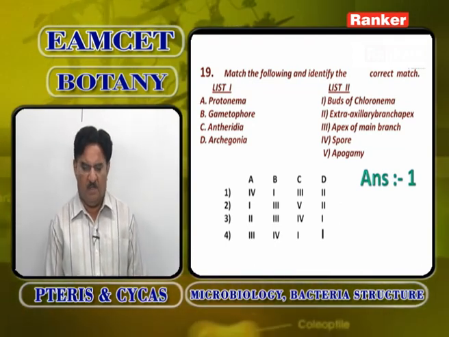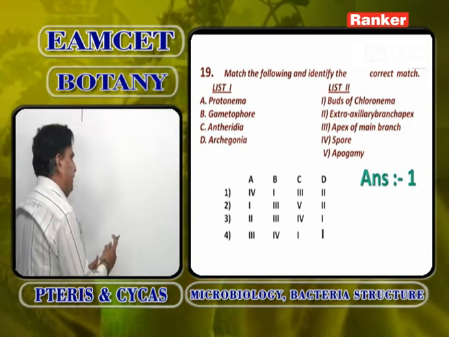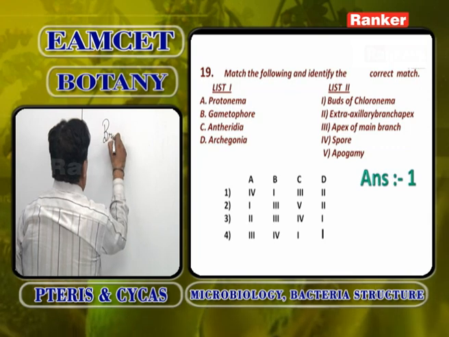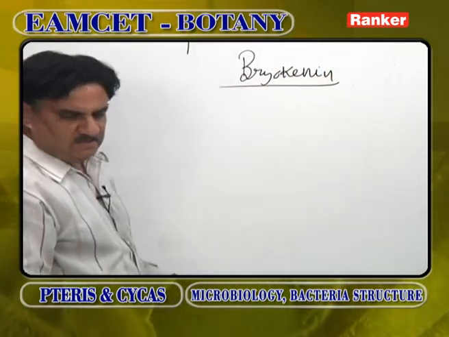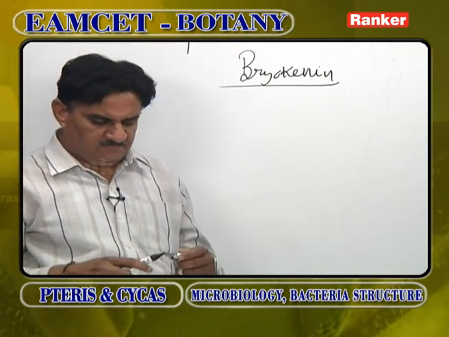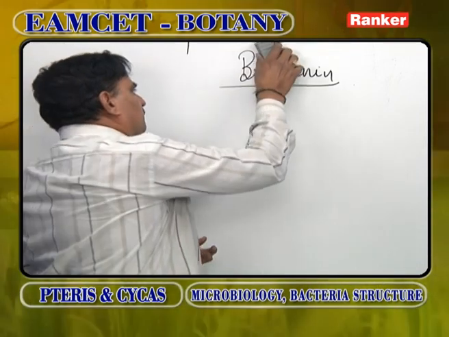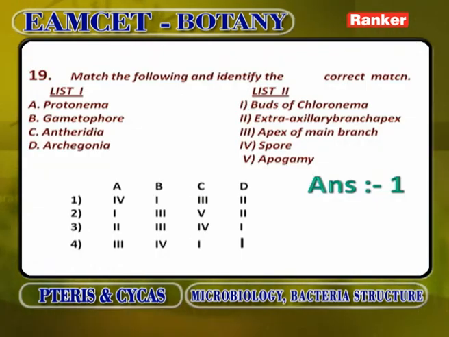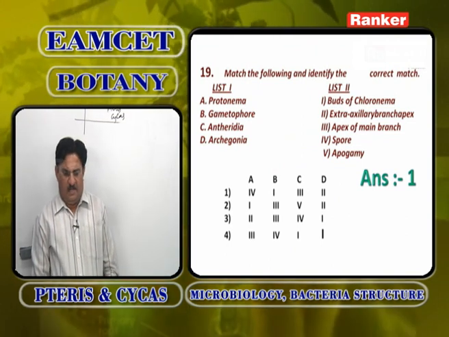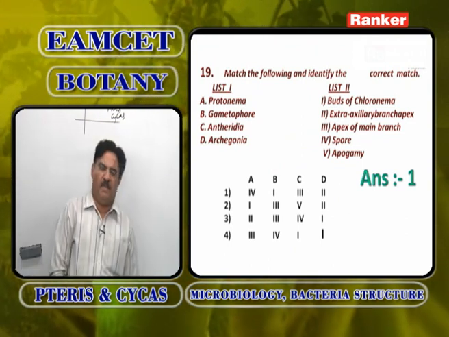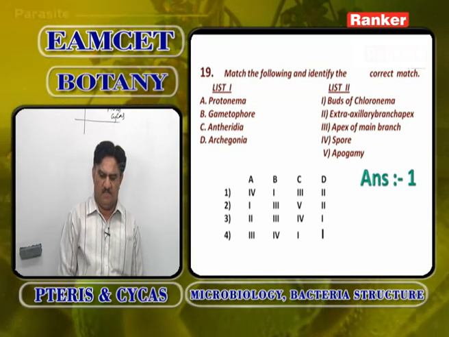B1. Gametophore always comes from buds of chloronema, and a special hormone called bryokinin helps in the formation of gametophore from the buds of chloronema. Then antheridia are always present at the apex of the main branch.